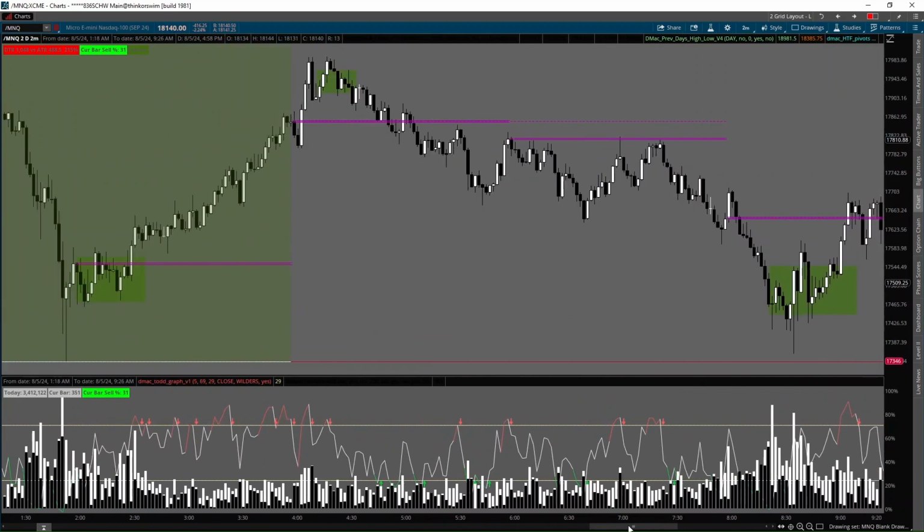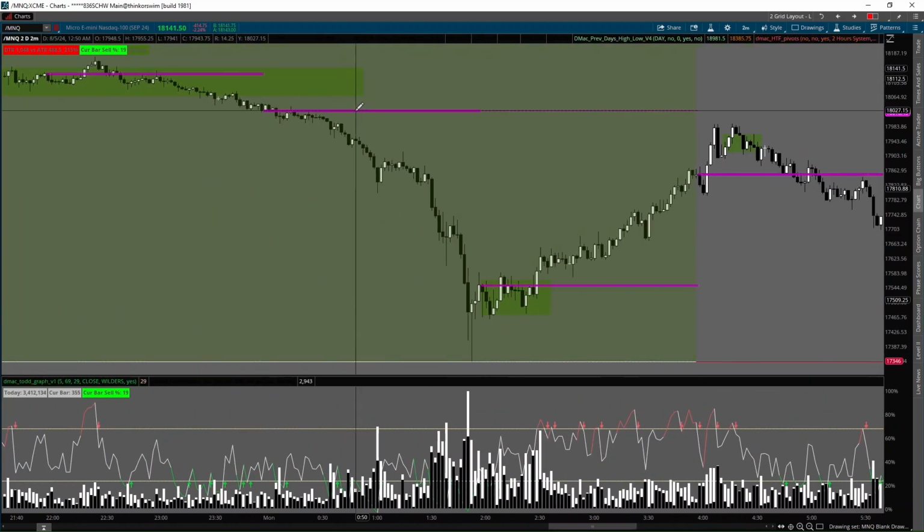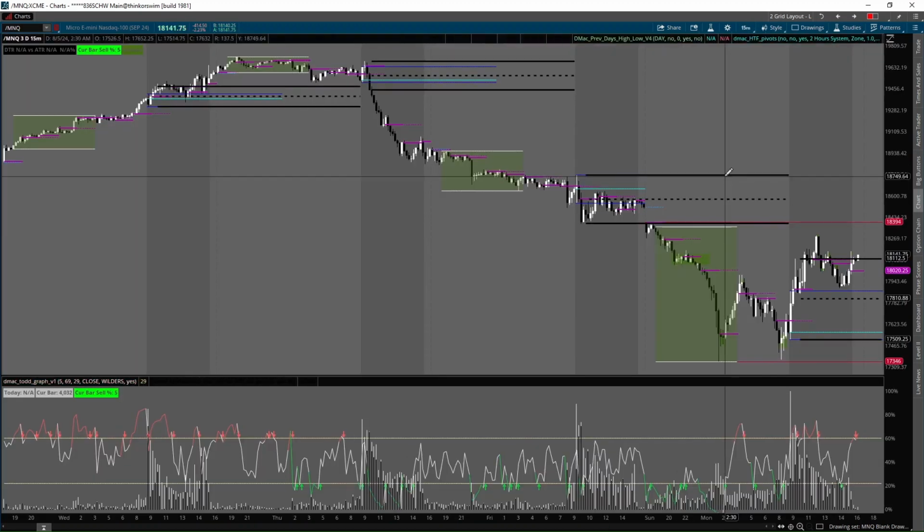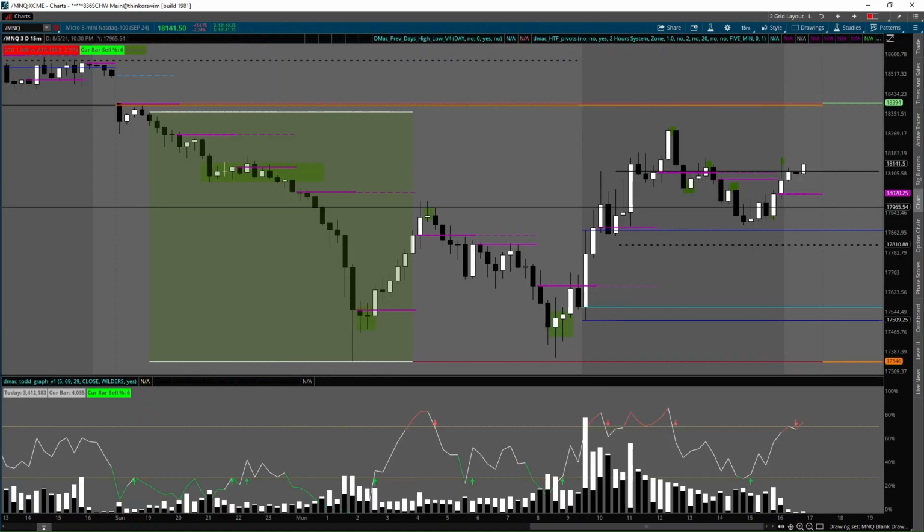Whereas as you go up in time frame, especially as a new trader, I think it becomes a little bit easier to get a sense of what's going on. That's much easier to read than the 2-minute chart. Now, there are benefits to the 2-minute chart, so I'm not telling anyone to discount any particular time frame.